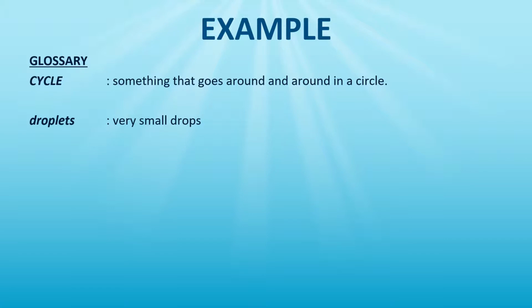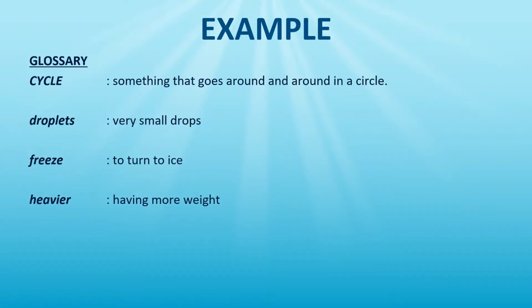Next is droplets. So very small drops. Droplets are usually very small drops. Whenever it's rainy season, on the car or any railings you can see some droplets. How do you call them droplets? Because they are very small drops of water or anything, you can say, during rainy season you see very small drops of water.